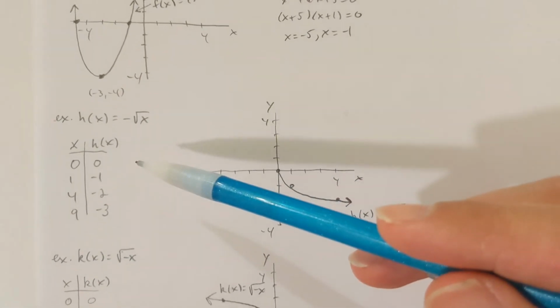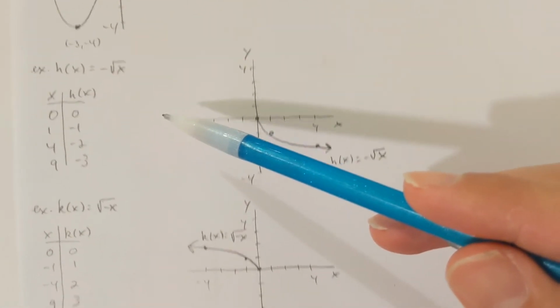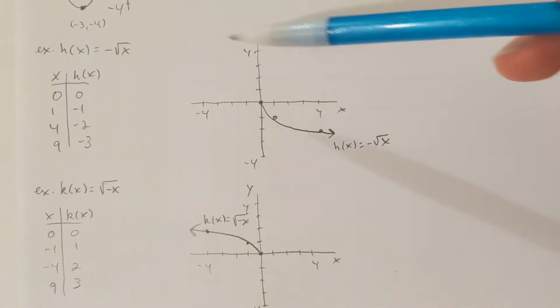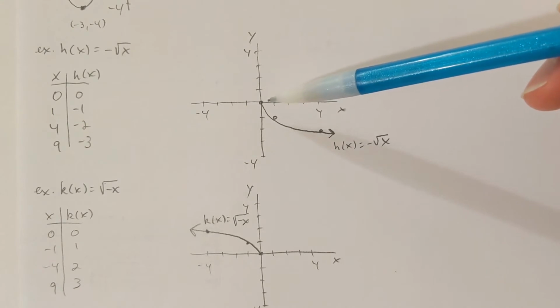Another example is h of x equals negative the square root of x. So the domain of h is all real numbers that are non-negative, I should say. 0 is included. So if x is 0, h of 0 is 0. 0, 0 is on the graph.